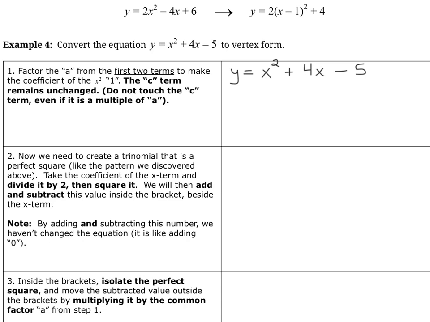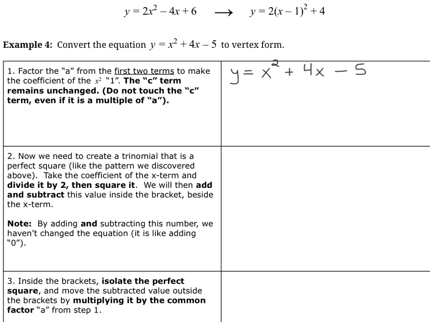The number in front of your x squared term has to be 1. We're lucky in this example because our a value is already a 1. But there are going to be equations, like we'll see later on, where there is an actual value in front of the x squared. We don't want that value there, so you're going to have to factor it out.